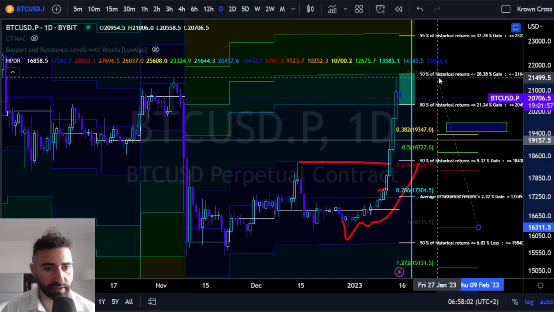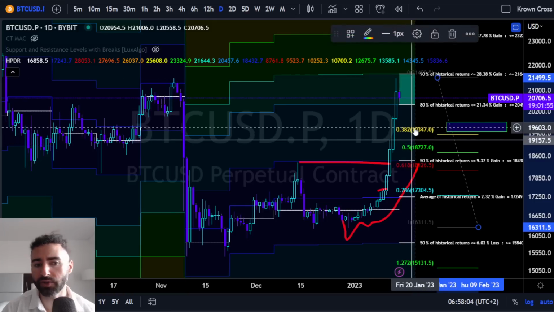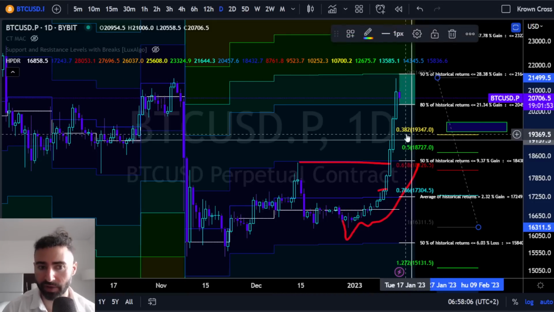Let me get this properly as well, which does align with the 382 Fibonacci retracement at 19,350 to 19,400. So coming into next week, if Bitcoin pops back down around there, not only would that be a higher low, but I would be looking for a bounce based upon that.